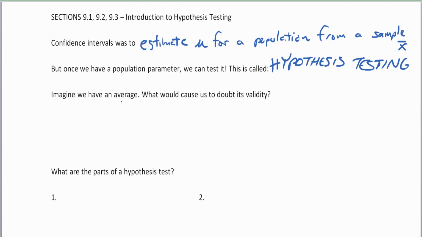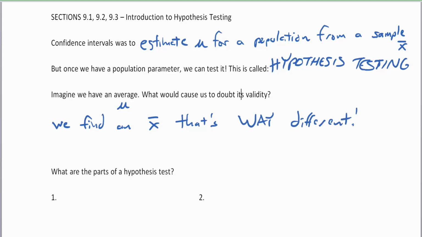Now, let's imagine we have a mu. So we have some kind of mu. What would cause us to doubt its validity? Well, what would happen is, let's say we find an average from another sample that's way different. Okay?